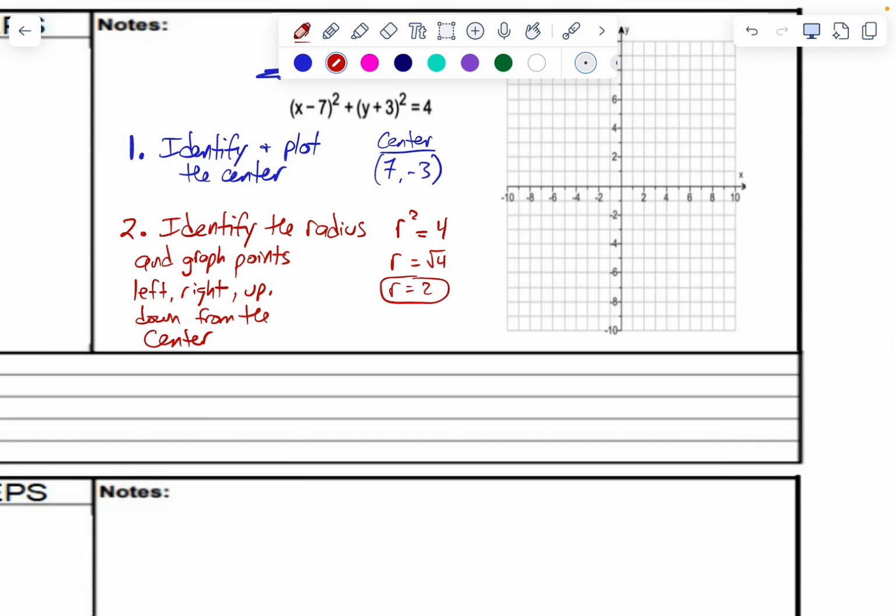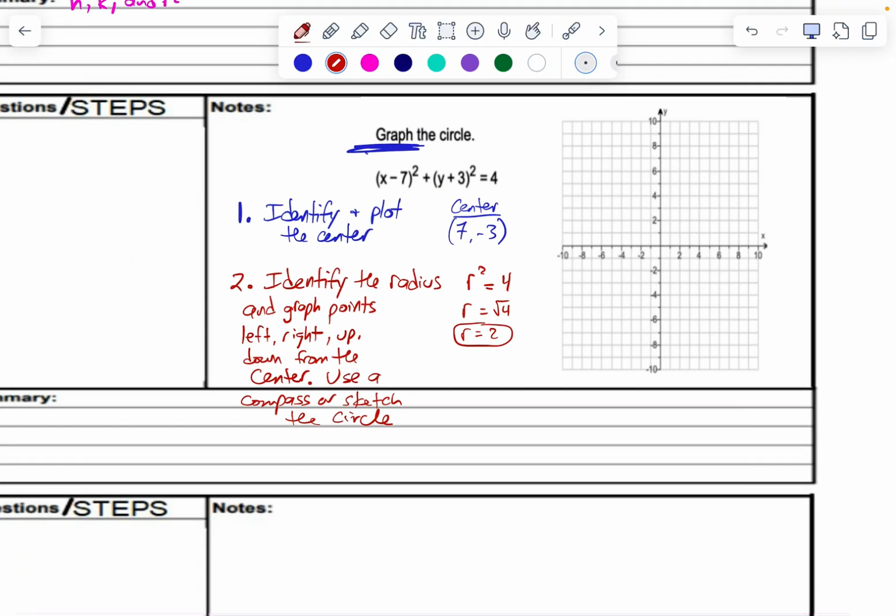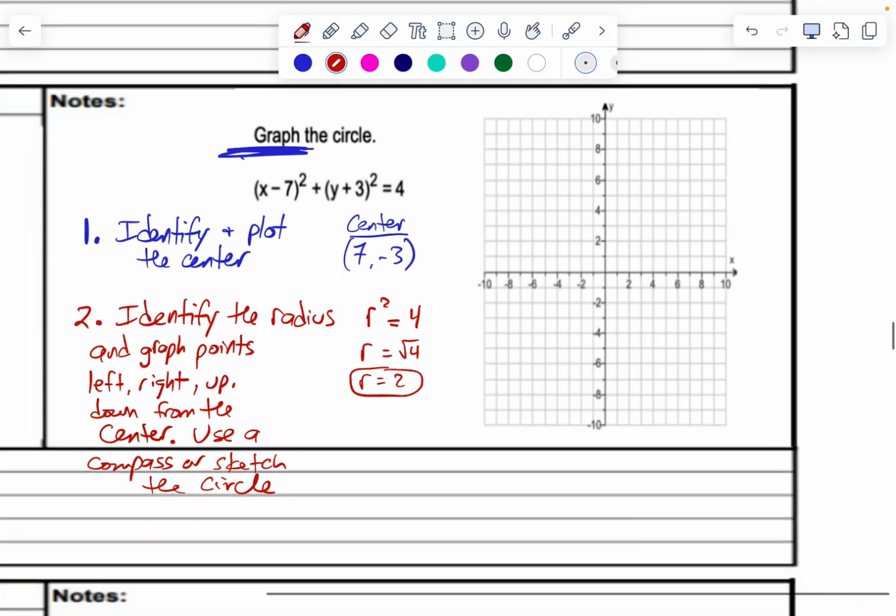And then you could use a compass or just do your best. If it says sketch, just do your best. Use a compass or sketch the circle. Okay, so let's go do those two steps.